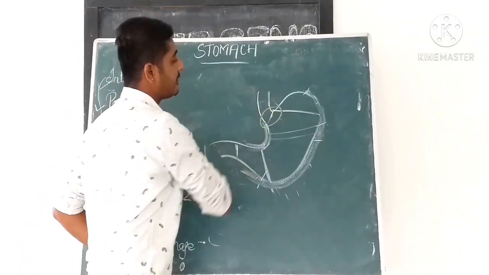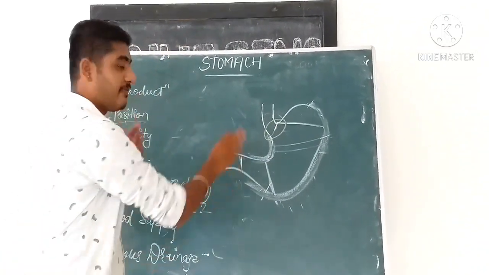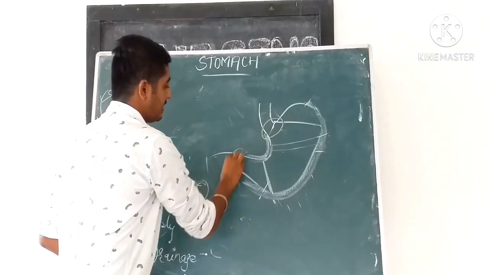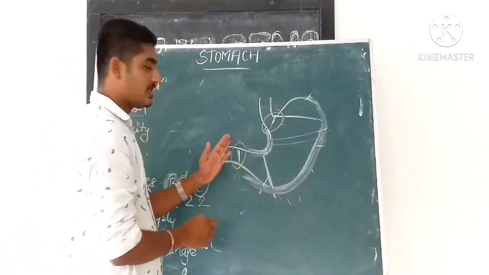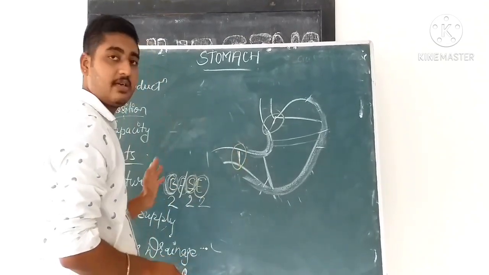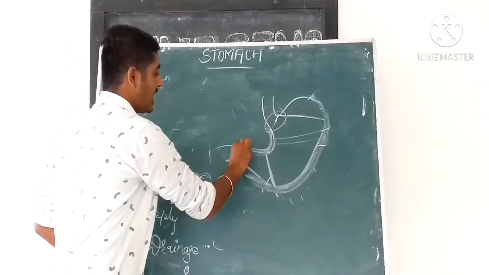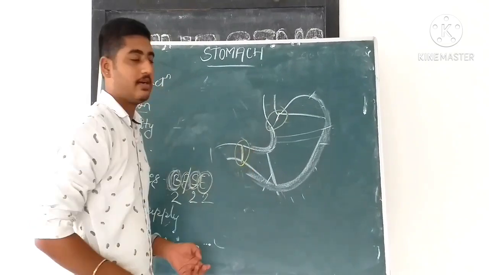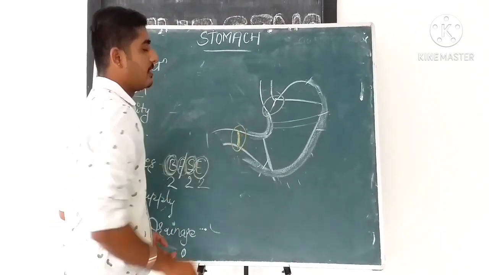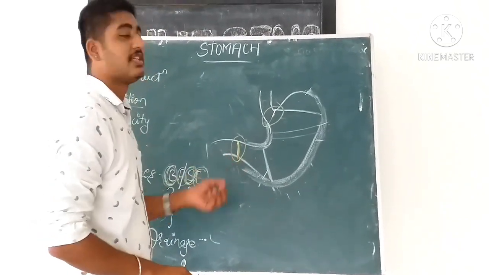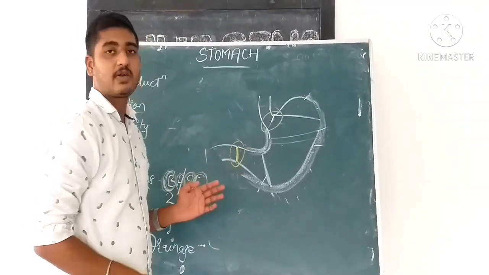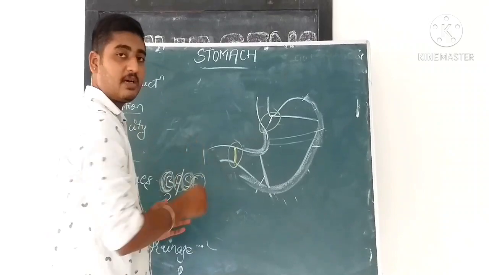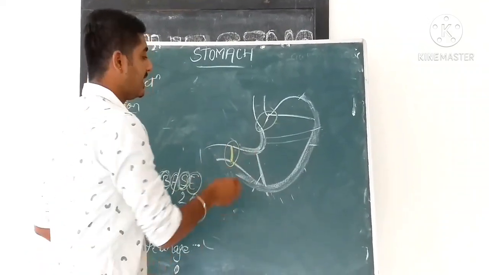This is the cardiac end from where the stomach starts, and this is the pyloric end from where the stomach ends and the duodenum starts. At this pyloric end where the pyloric canal ends, it has the pyloric sphincter. This sphincter is going to stop the backflow of the food into the stomach.